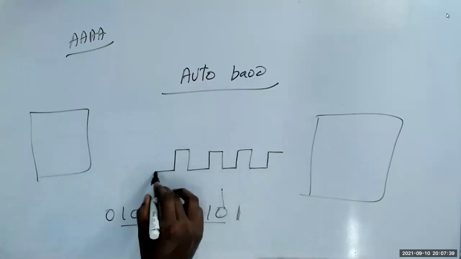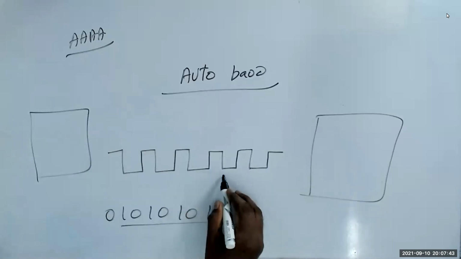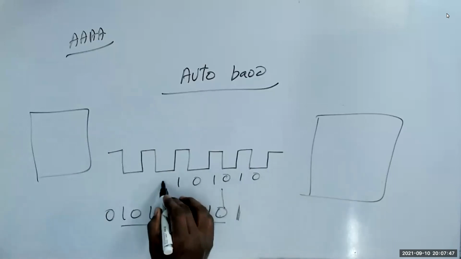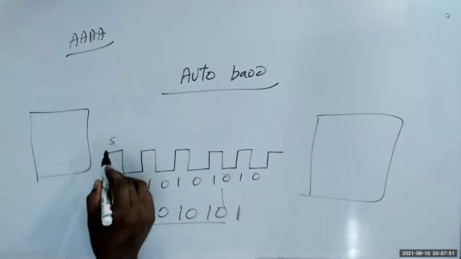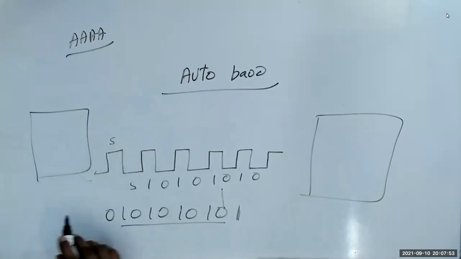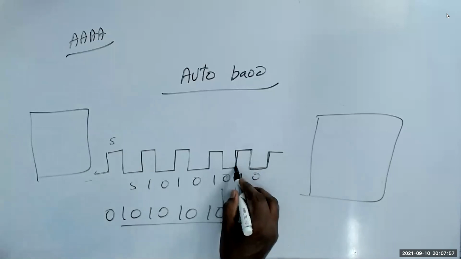I'm sending 0, 1, 0, 1, 0, 1, 0, 1, stop, then start, then 0, 1, 0, 1. Now what happened? This is the interval of a baud. Am I right?